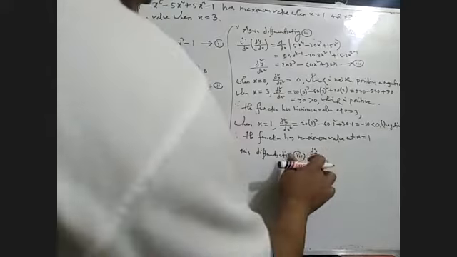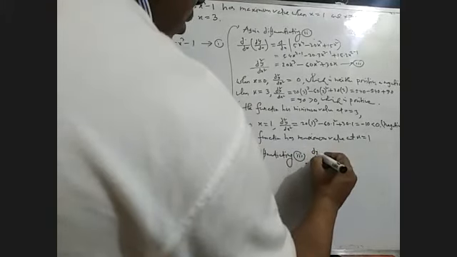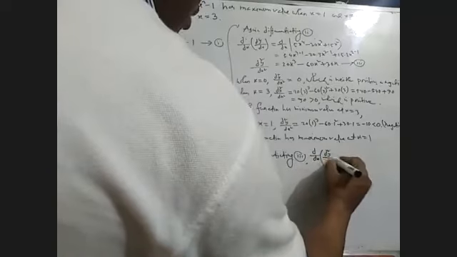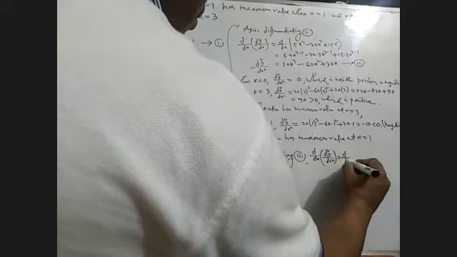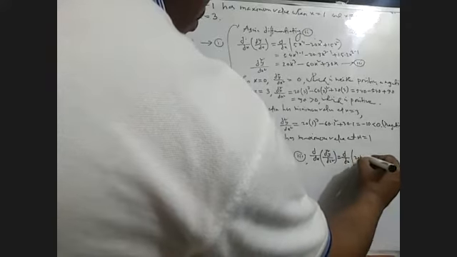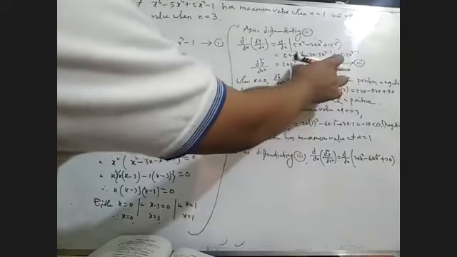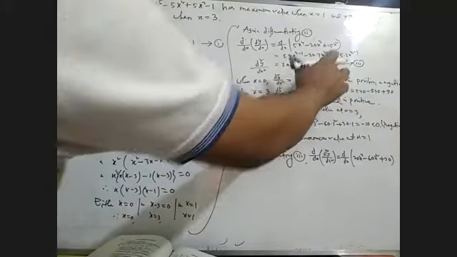Taking d by dx on both sides of 20x cube minus 60x square plus 30x, the last term is not free of variable.